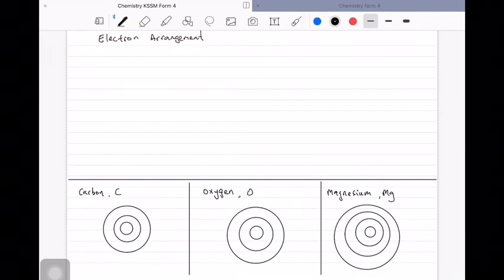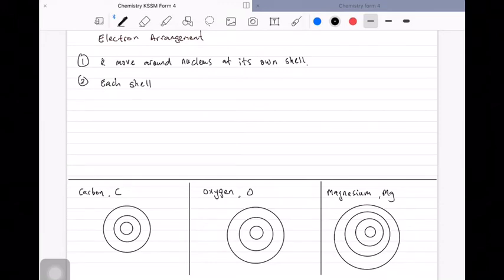Now let us look at the electron arrangement. We have just learned that electrons move around the nucleus, each at its own shell. Each shell can hold a maximum number of electrons.